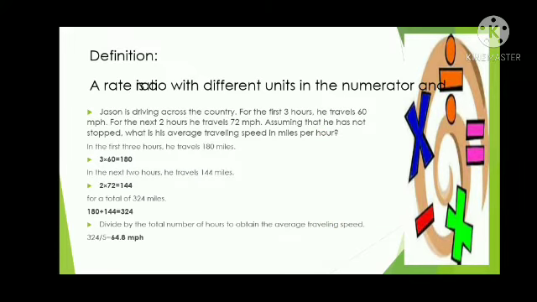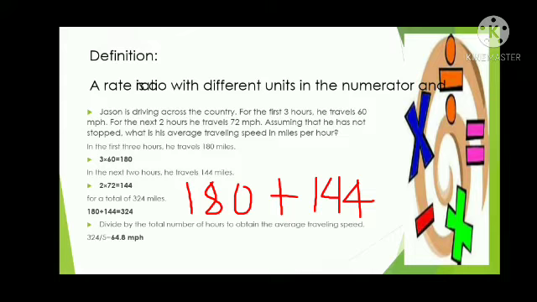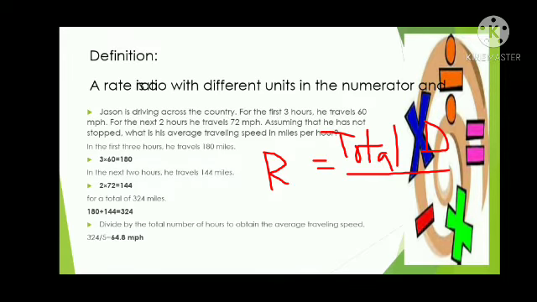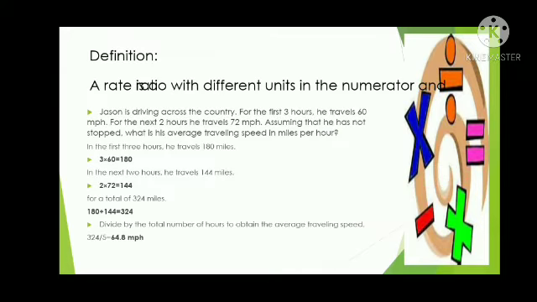So we have to add the distances to get the total distance: 180 miles plus 144 miles. The total distance is 324 miles. And since we are required to solve for the average traveling speed, we will divide the total distance by 5. Paano natin nakuha yung 5? That is also the total number of hours.